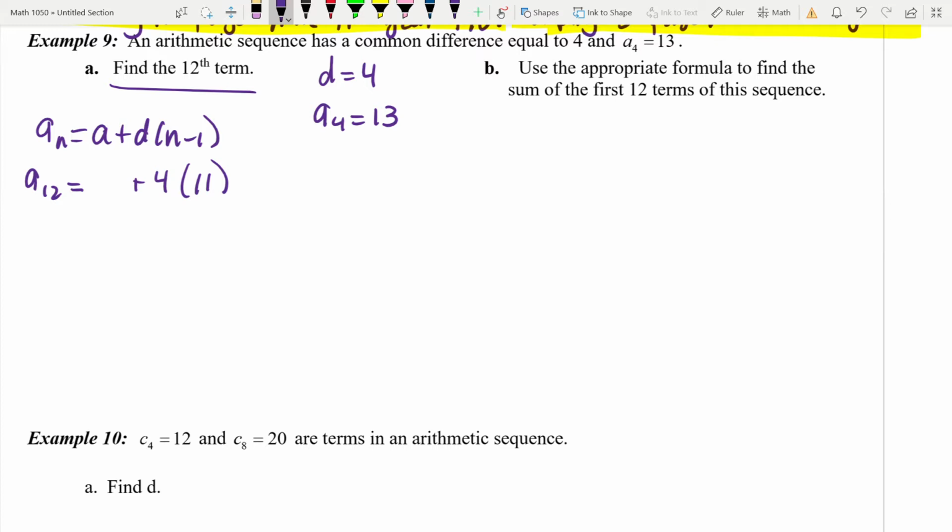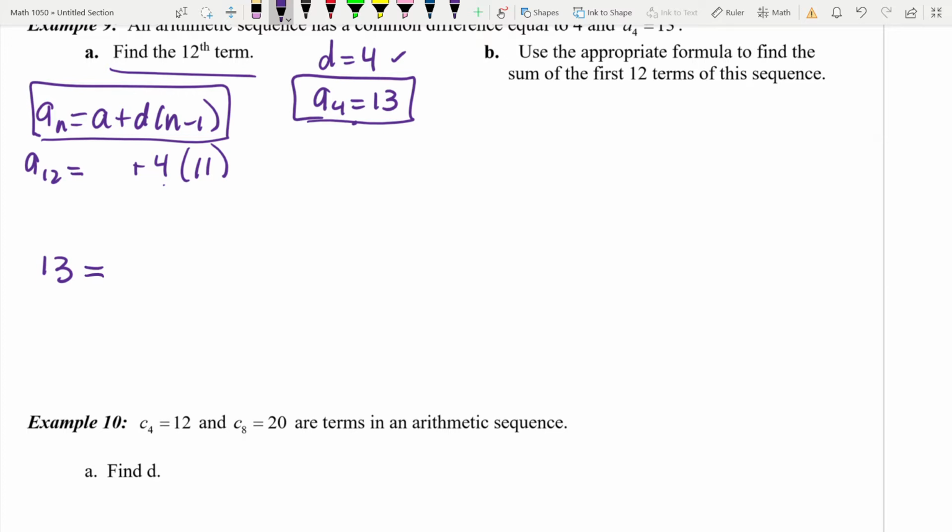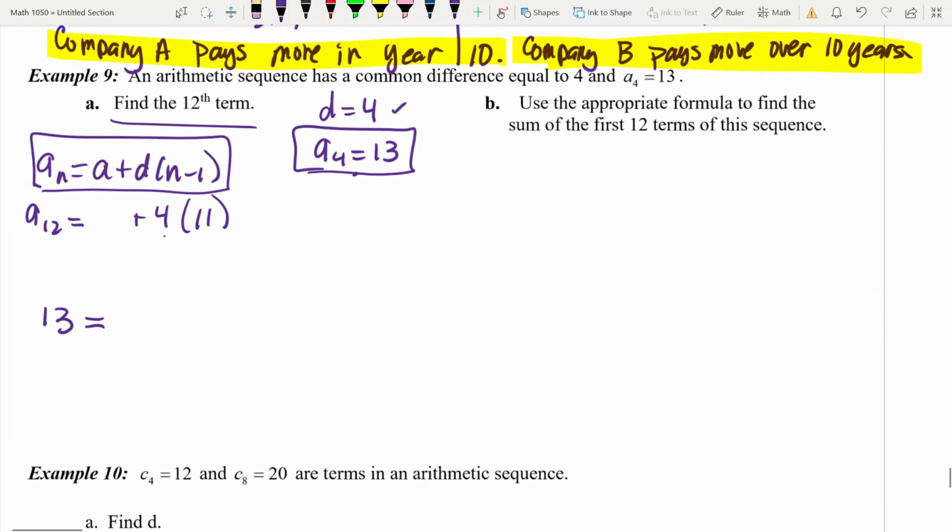Look right here. I know that the difference is 4. I used that. I put it here, okay? I have not used that yet. I know that the fourth term must be 13. So I'm going to take this and put it into this equation right here. When I do that, I'm going to find my A, then I'm going to take my A and plug it into what I need. Okay, so A sub n, that's the term, that's 13, is equal to the first term. I don't know what that is.